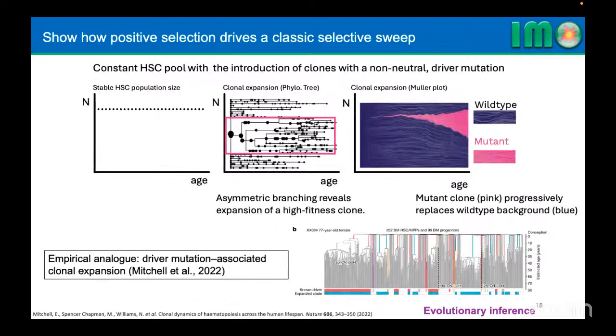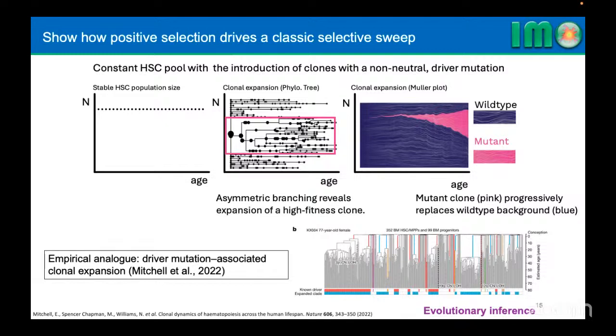Compared to that, if there is a selective mutation in our simulation, then we can observe the effect of this mutation in our phylogenetic tree, which makes it asymmetric, and we see this on the Muller plot.